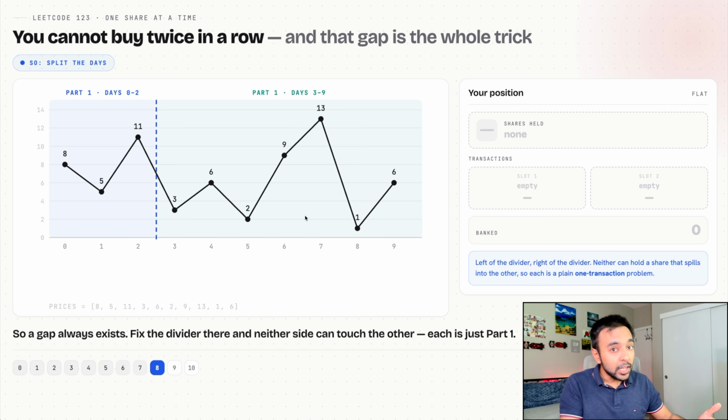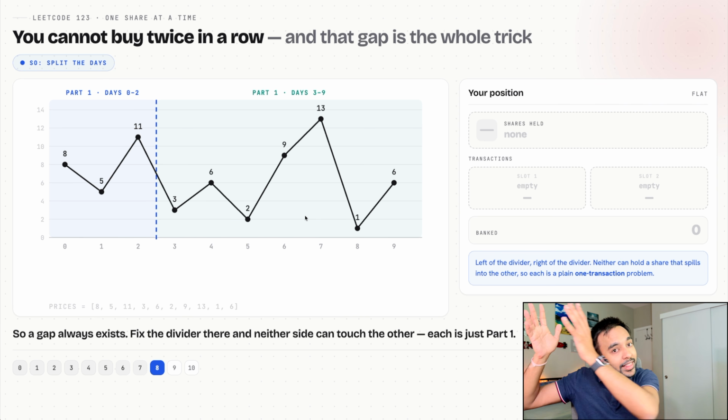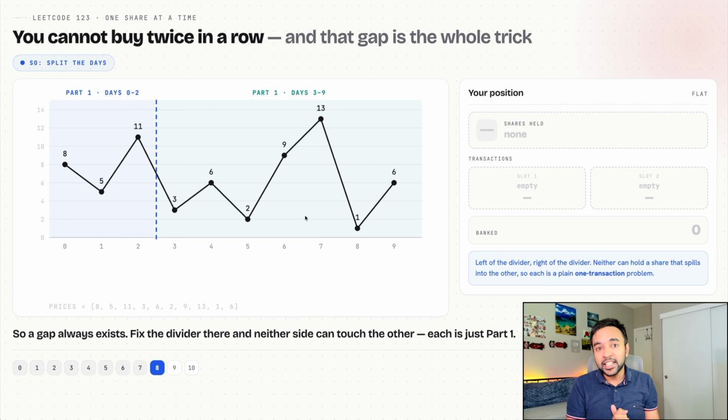And you need to determine, okay, this is the best transaction in the left half and this is the best transaction in the right half. When you have both of these best transactions, then you just add them up and it gives you the correct answer.